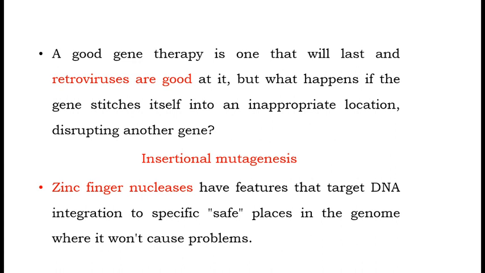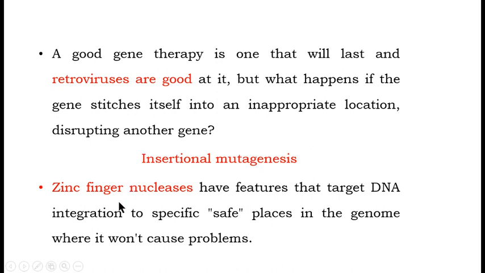But the problem is insertional mutagenesis: retroviruses can insert their DNA anywhere in the genome, and if they insert it into an important gene regarding cell division, that can cause unwanted consequences like cancer. So insertional mutagenesis utilizing retroviruses is another limitation of gene therapy.